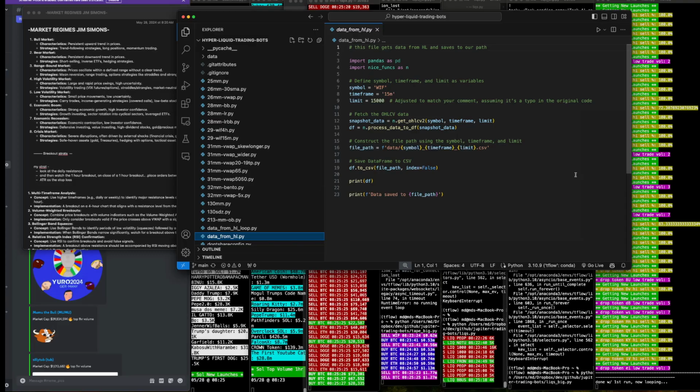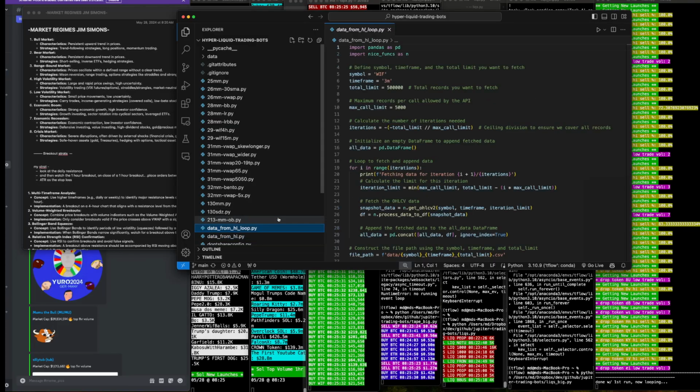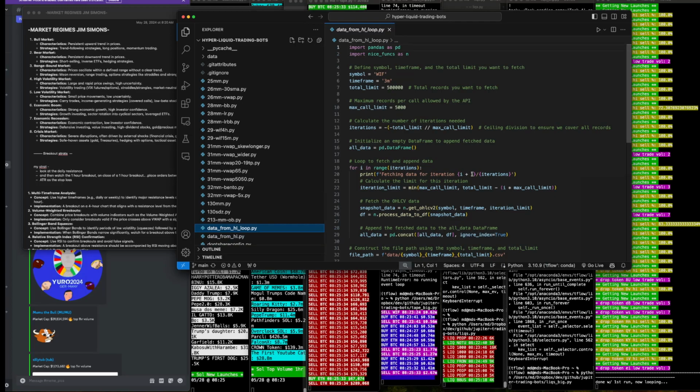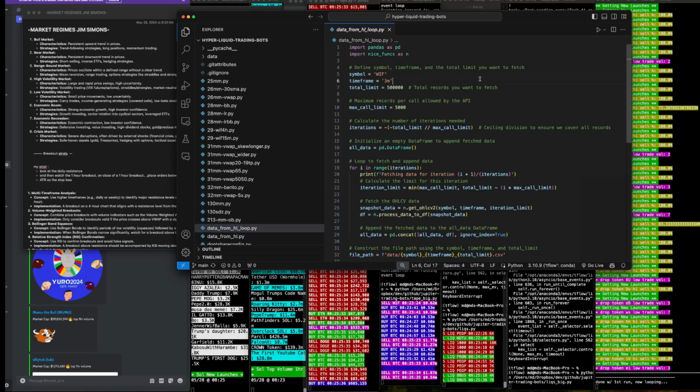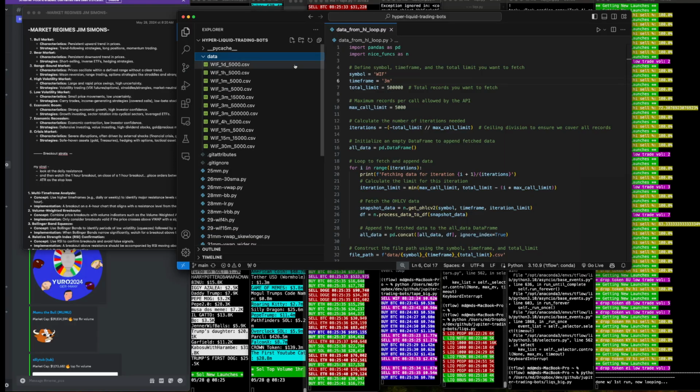This data from Hyperliquid is interesting. Let's see how much data we can get. Should put data into the data file here. And I'm gonna put it at 3 minutes.